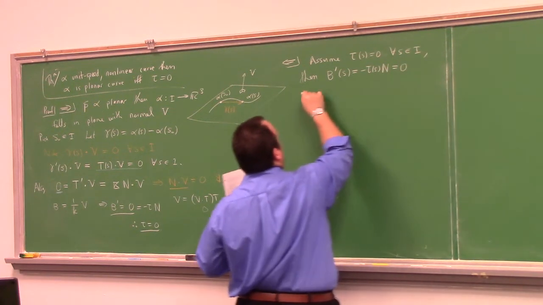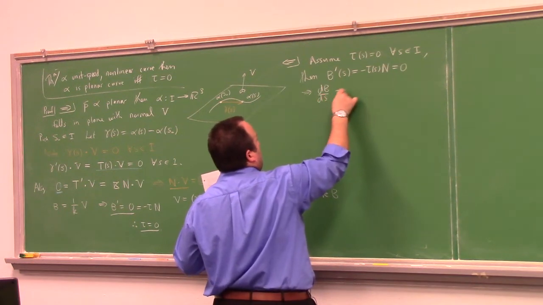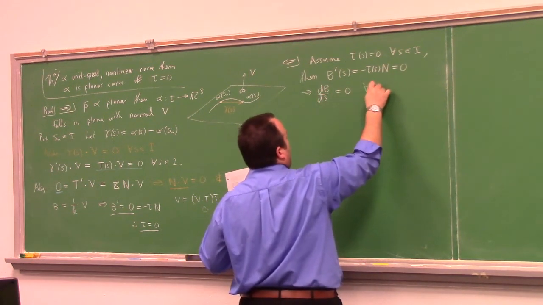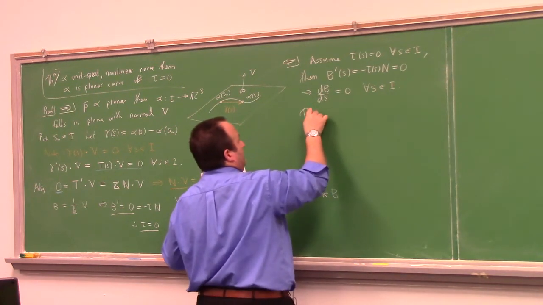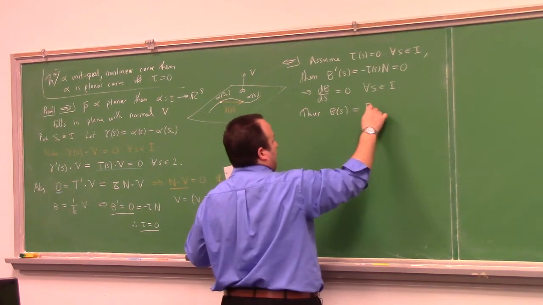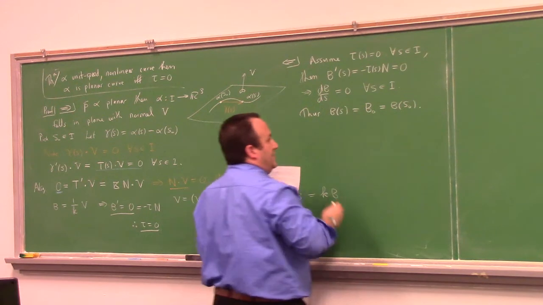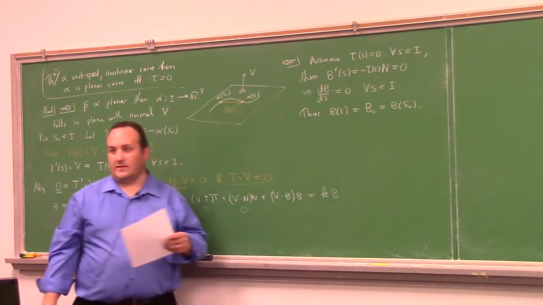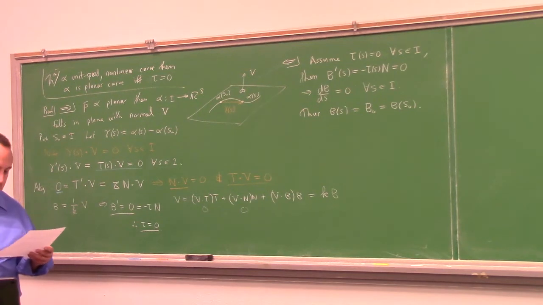So thus db/ds is equal to 0 for all s. Thus b of s is equal to, let's say, b naught, which is b of s naught. Fix a particular point. B is constant since its derivative is 0 everywhere. The binormal has to be constant for the curve.